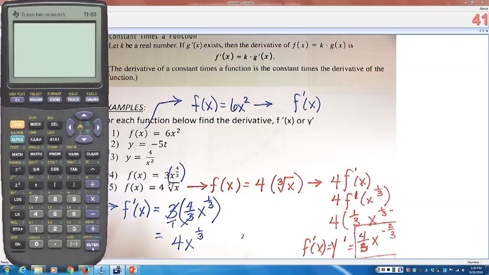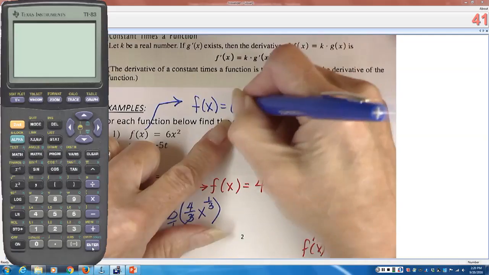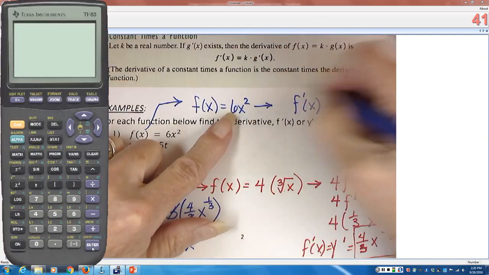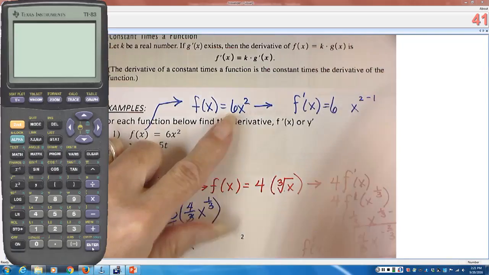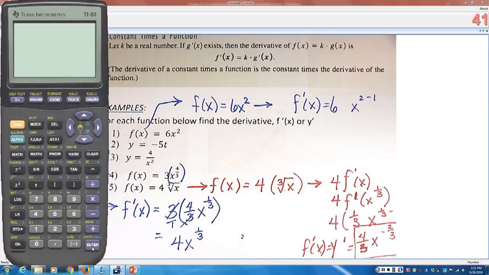Almost. Remember, I'm going to reduce the power by 1, yes, that's true. And I still have that 6 sitting out there, but what did I need to do with that 2 before I subtracted 1 from it? Remember, you drop and decrease. Where do you drop it?